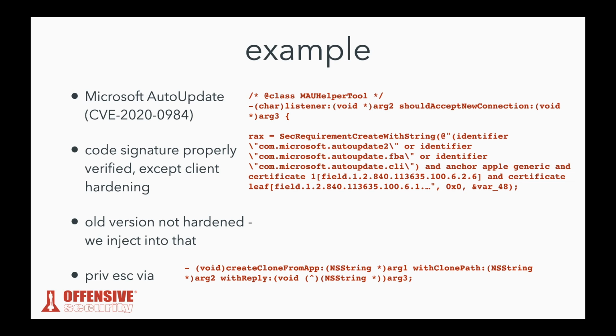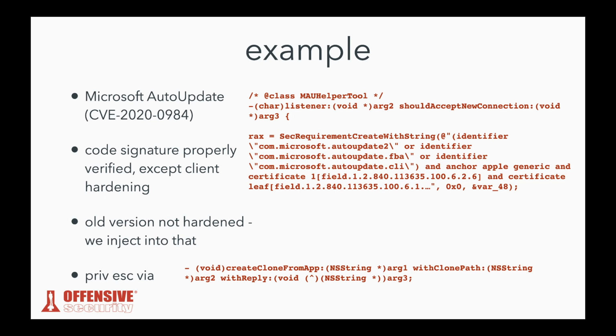They checked that it's an Apple-signed certificate, they verified the team ID and the bundle ID, except they didn't verify the client version, which basically meant that I could find an earlier version of Microsoft AutoUpdate and inject my code into it. This XPC service offered a function called create clone from app, which allowed me to copy a file from one place to another with root privileges.